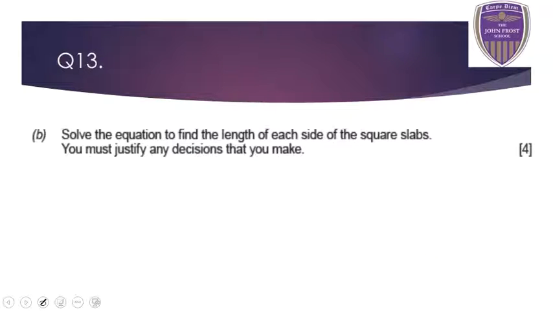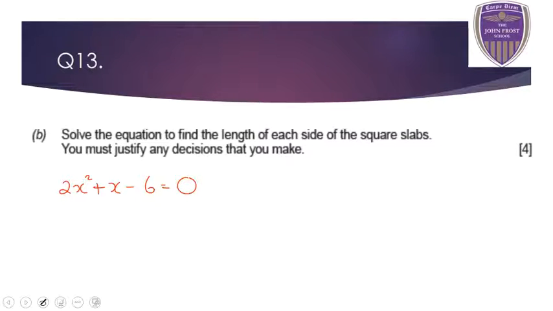So then you've got to solve the equation that you've just got, okay? So the equation was 2x squared plus x minus 6 equal to naught.